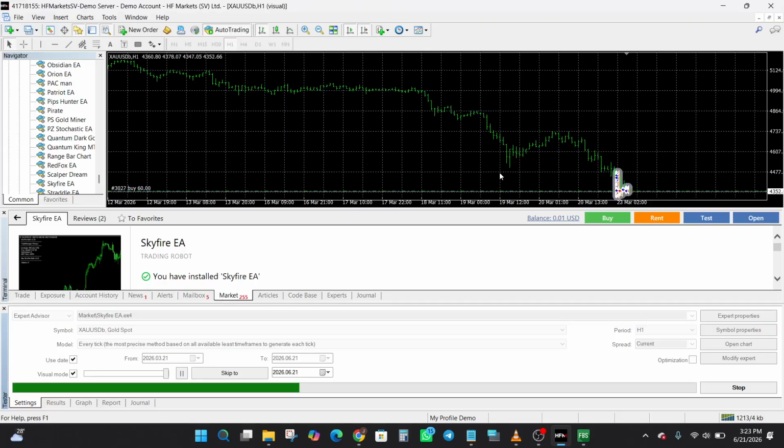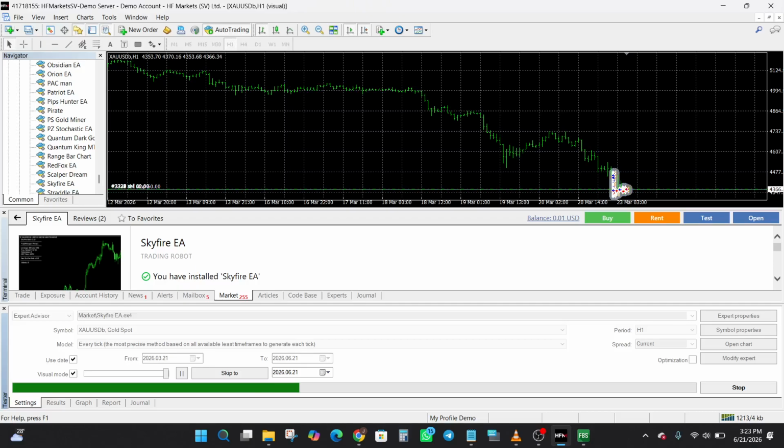Overall, the Skyfire EA presents itself as a specialized MT4 trading system focused on XAUUSD and GBPUSD, combining scalping and day trading concepts around specific market behaviors identified by the developer. As always, before considering any live deployment, I will strongly recommend running your own testing, validating the results on a demo account, and performing additional optimization based on your own trading objectives and risk tolerance.